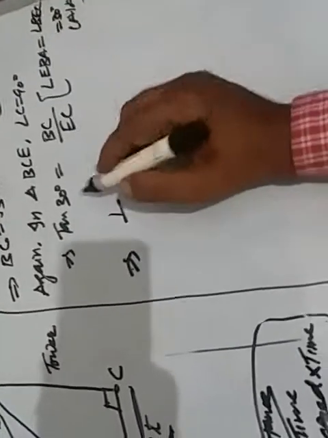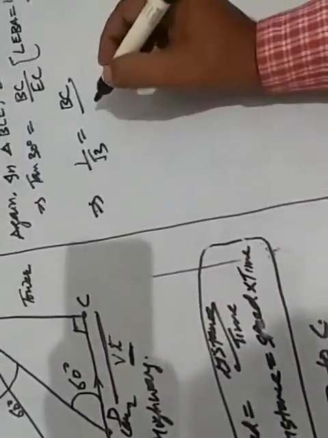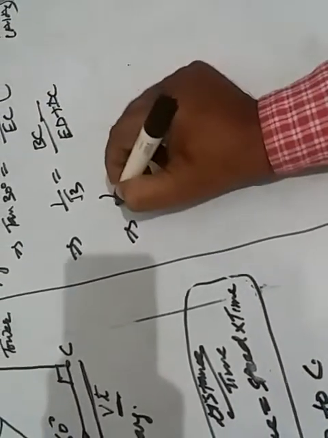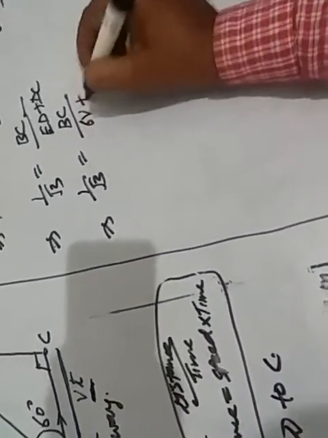Angle EBA equal to angle BEC, that is alternate interior angle, children. Now tan 30 degree equal to 1 upon root 3 equal to BC upon EC. And what is EC, children? EC equal to ED plus DC. This implies that 1 upon root 3 equal to BC upon ED, which we have found is 6V, plus DC, which is VT.